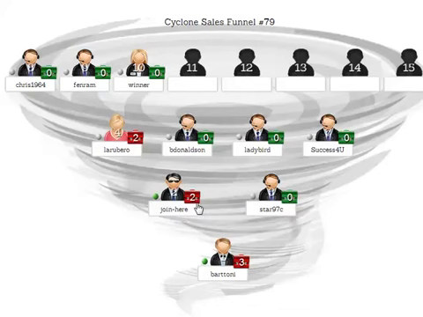Now they don't necessarily need to be in your particular Cyclone Funnel. For example, I've got 2 people within here, but I know that only one is in this funnel that is in my team.